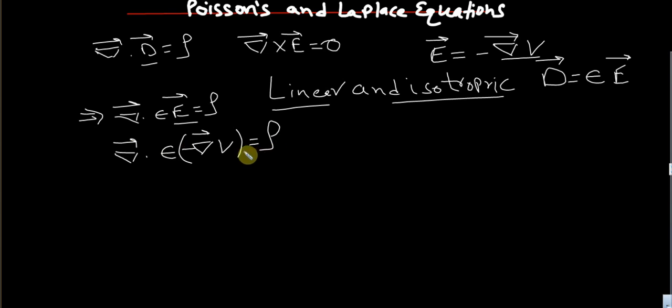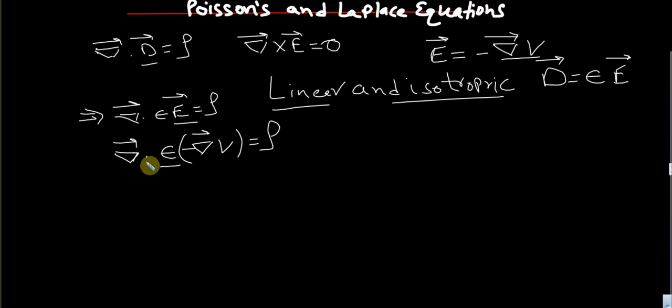So this epsilon is the permittivity, and that may be a function of position, because we know that del gives the space variation. So for a simple medium, also called a homogeneous medium, epsilon is not a function of space variation.